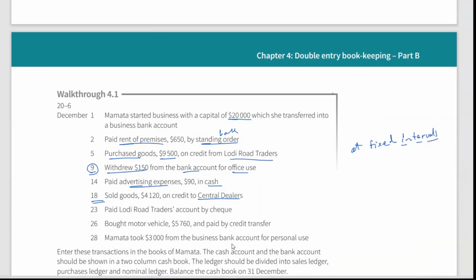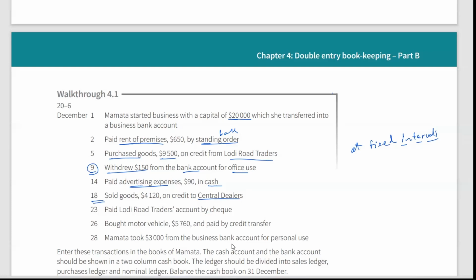What are they for us? Just whatever comes to your mind. We sell to them on credit. Yeah, trade receivables. Perfect. Very good.